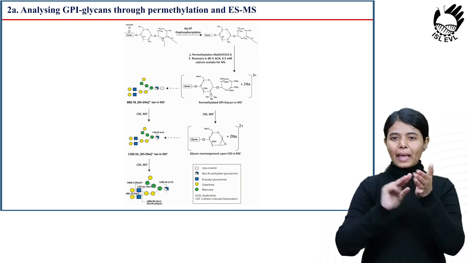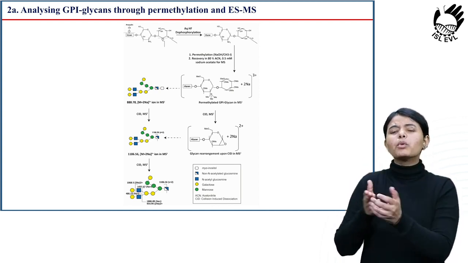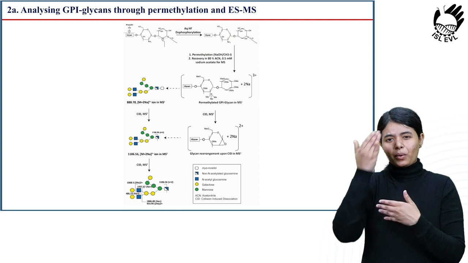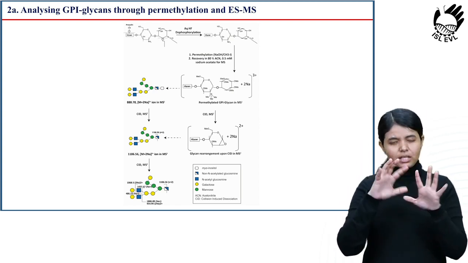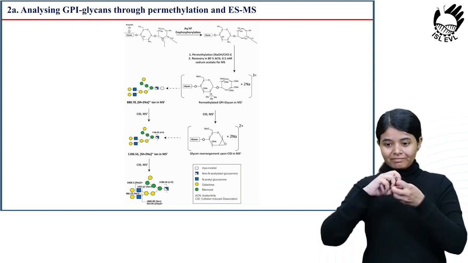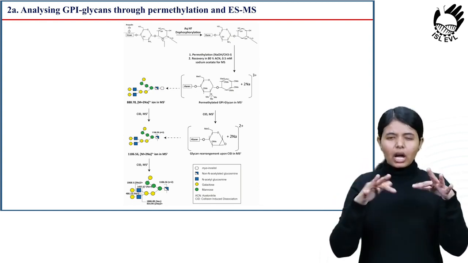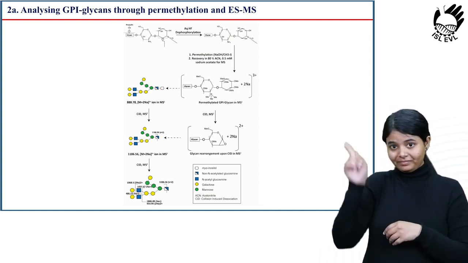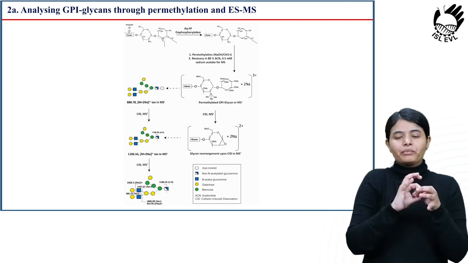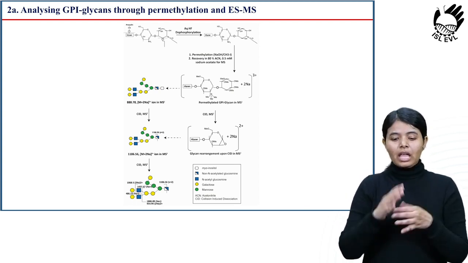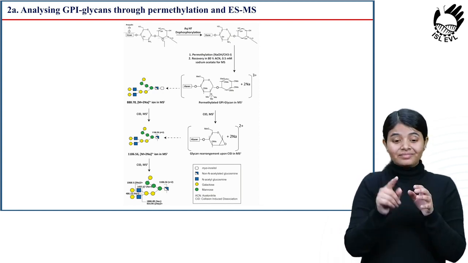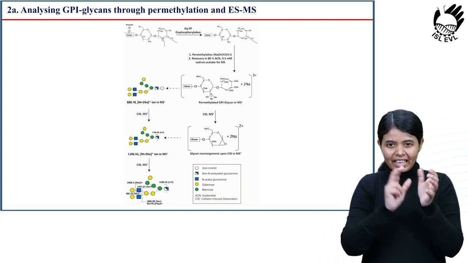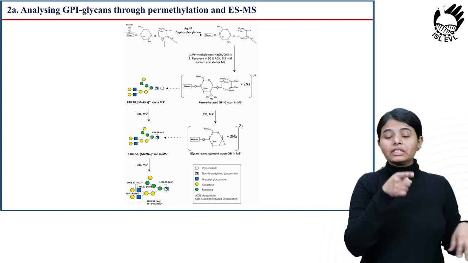Now the amino group at the C2 position of glucosamine gives us a great advantage to selectively pick up the GPI glycans in electrospray mass spec. When we permethylate the GPI glycans, the amino group gets converted into a positively charged quaternary ammonium ion. And when we infuse these permethylated GPI glycans, the GPI glycans appear in the MS1 spectra as triply charged precursor ions.